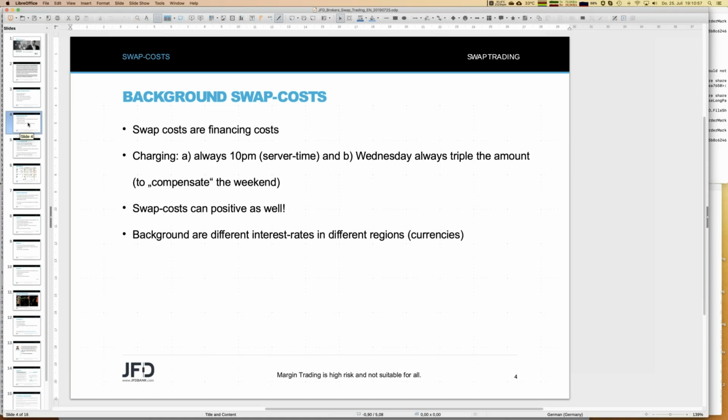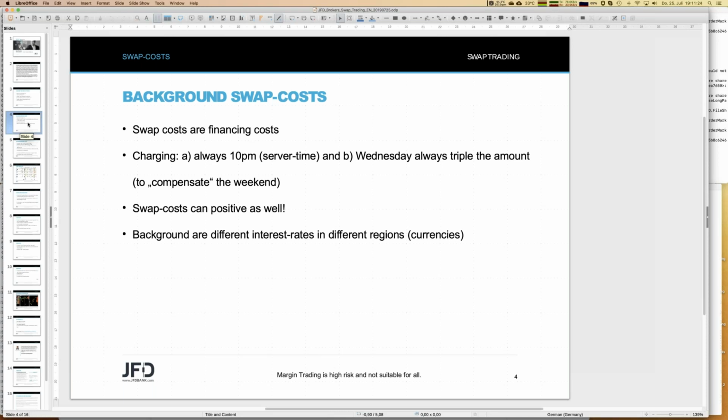And if you trade, for example, out of MT4, MT5, or anyhow at JFD or any other broker even, what does happen with your trade? Always at 10 p.m. server time, at least that's now the definition of JFD, and other brokers might have slightly other times, but they more or less all are doing the same.